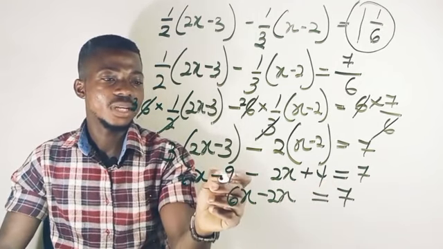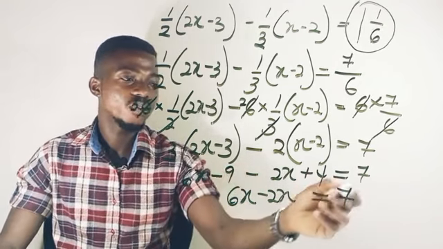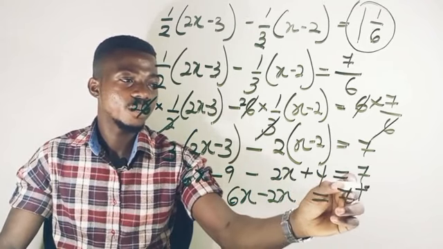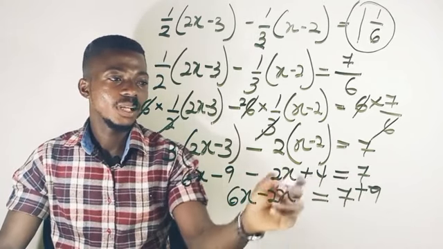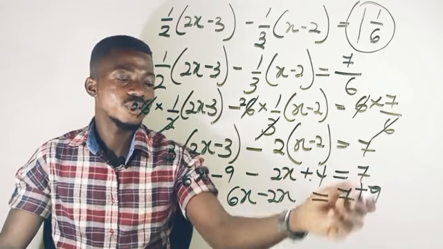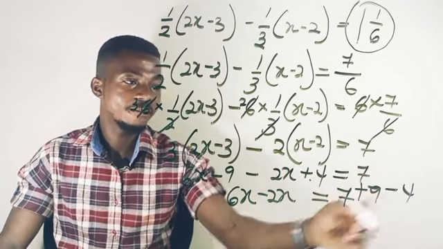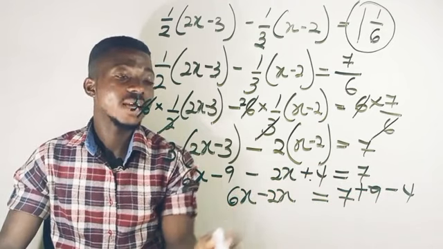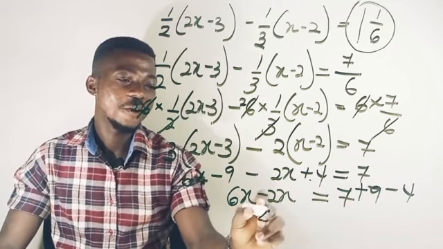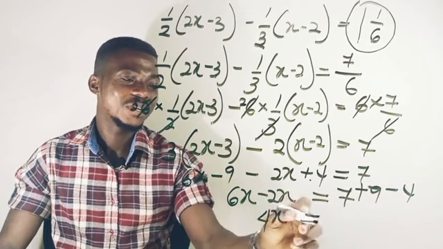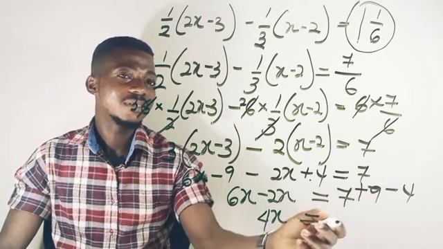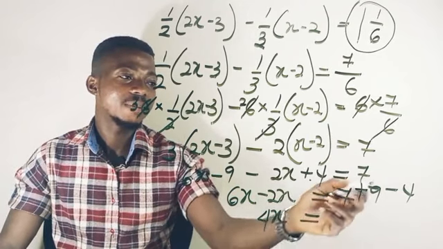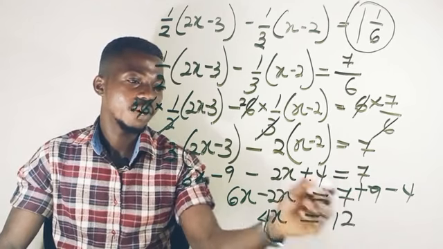This one is negative 9, so we'll move it across the equal sign. We're going to have positive 9. Then this is positive 4, so we'll move it across the equal sign. We have negative 4. So 6x minus 2x will give you 4x equal to 9 plus 7, that's 16. 16 minus 4 will give you 12.